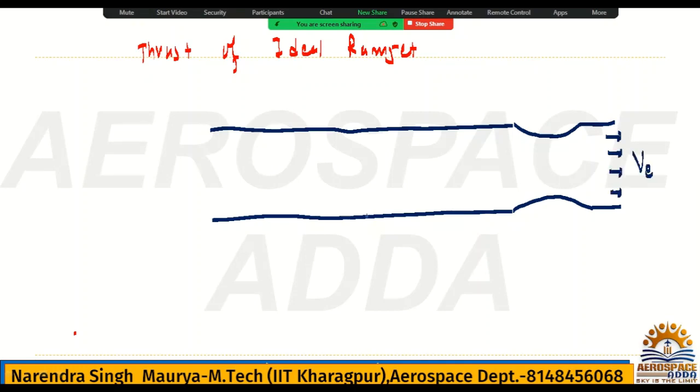This is the exit, and you can say this is the combustion chamber. Here fuel is added, m dot f.